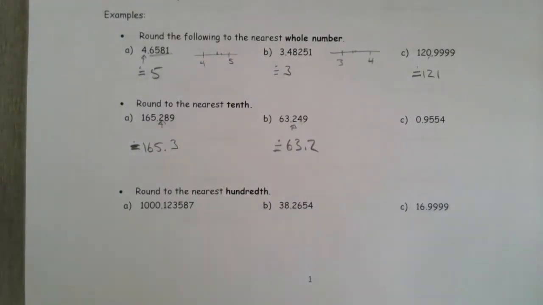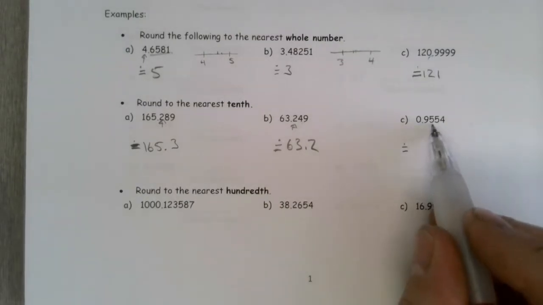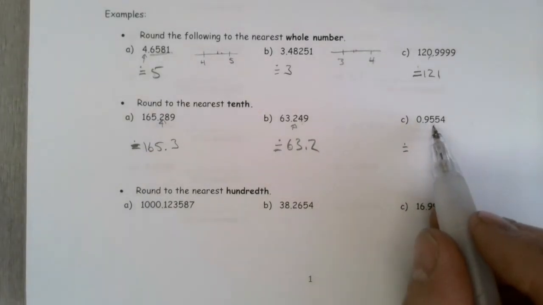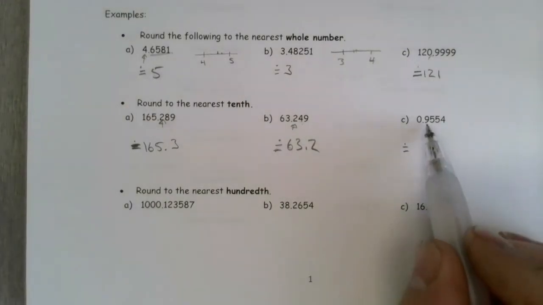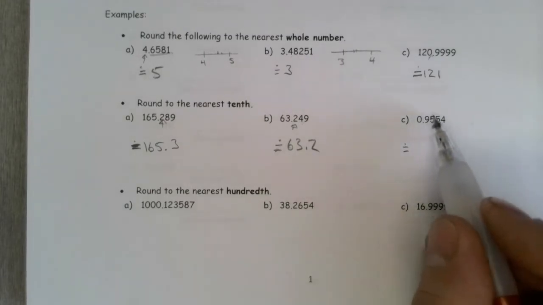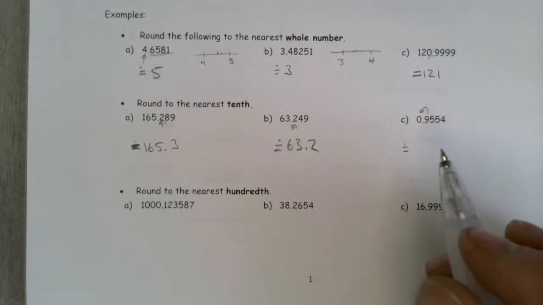Now, this one here, it's got a little bit more going on with it. Here's my tenth spot, but if I look right here to the hundredth spot, because this is in the 5 to 9 range, I'm going to round this number up 1. But 1 up from 9 is like 10, so what that does is push over a whole value.